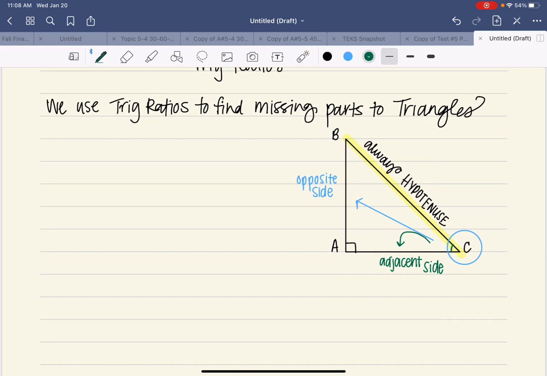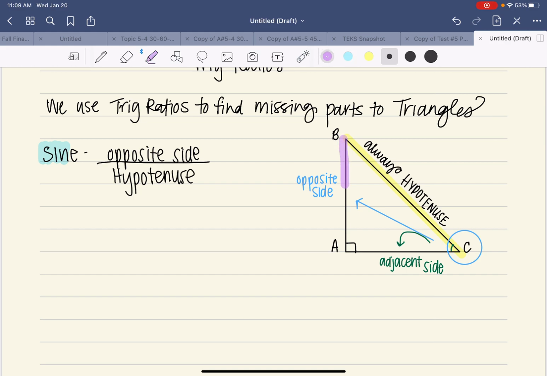Okay, so now we're going to use this information to classify our trig ratios. The first one is sine, and we abbreviate it as sin, S-I-N, and its ratio is opposite side over hypotenuse.